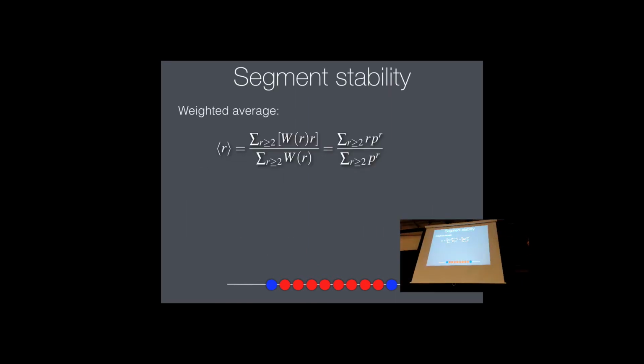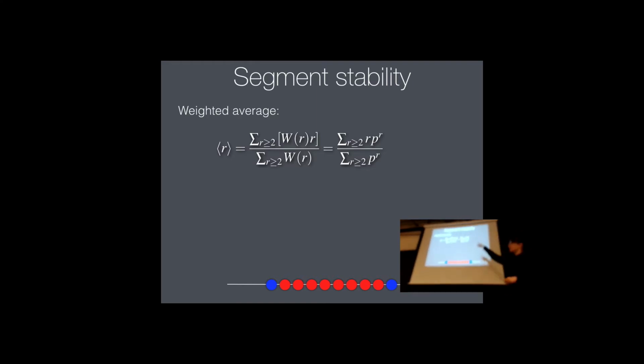So remember I was saying what we're interested in is what's the typical length of such a structural element, right? So to calculate this, we need to calculate the weighted average of this. So R was this length, and this will be given by this formula.